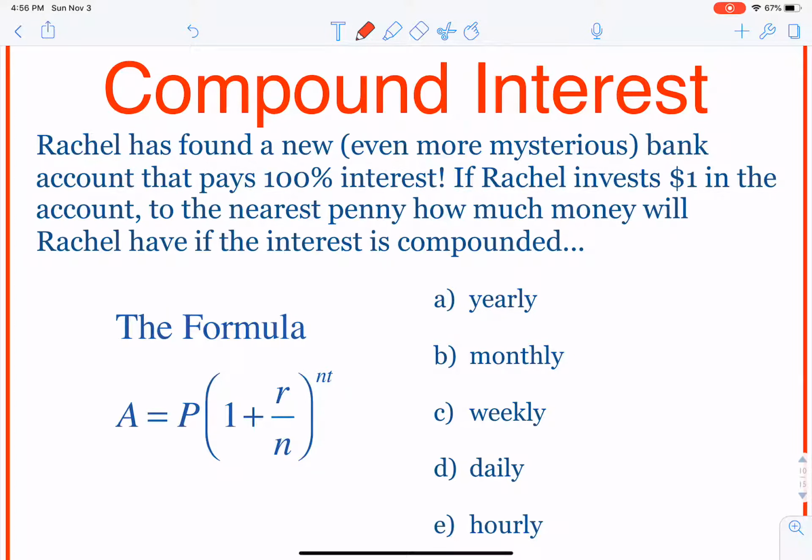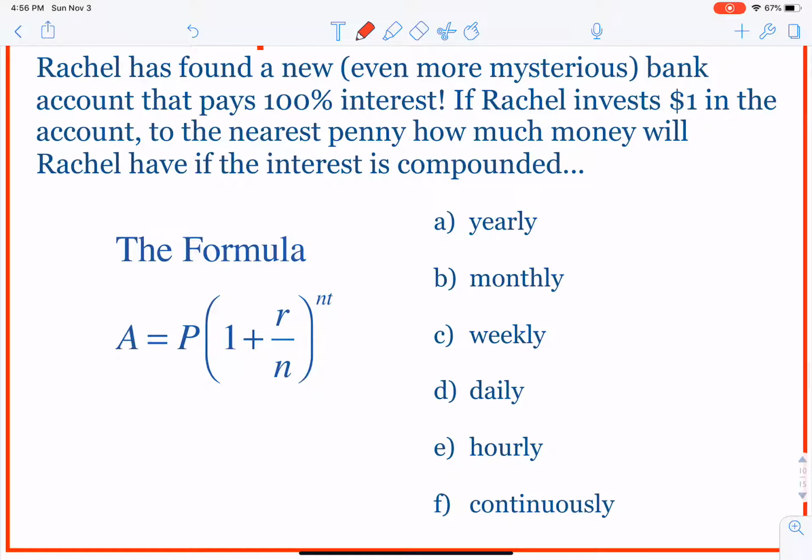If Rachel invests $1 in the account, to the nearest penny, how much money will she have if the interest is compounded yearly, monthly, weekly, daily, hourly, and continuously? We're going to talk about continuously in a little bit. But noticing our trend that we went with before, it looks like the more times that we compound our interest, the more money that it will yield us at the end of the year.